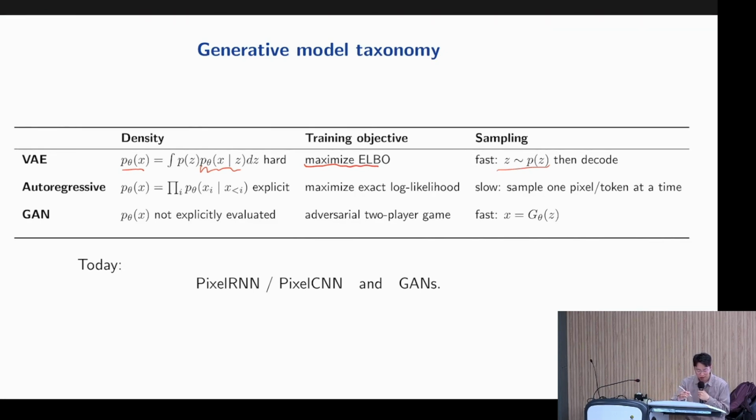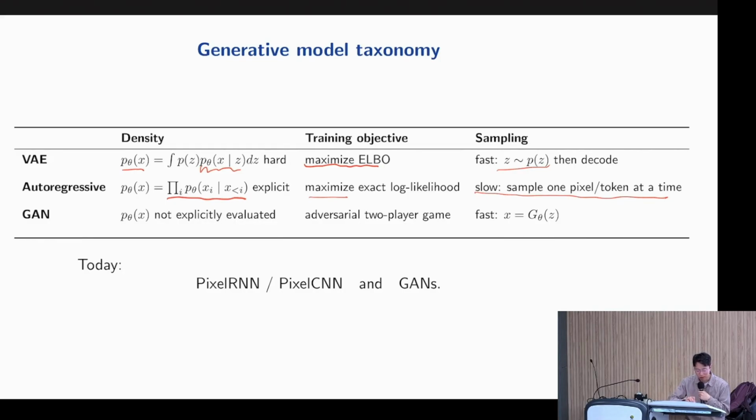Autoregressive models, they use the probability chain rule to model the data likelihood. And this is easy to maximize directly, but generating samples is very slow. You have to generate one token at a time or one pixel at a time.